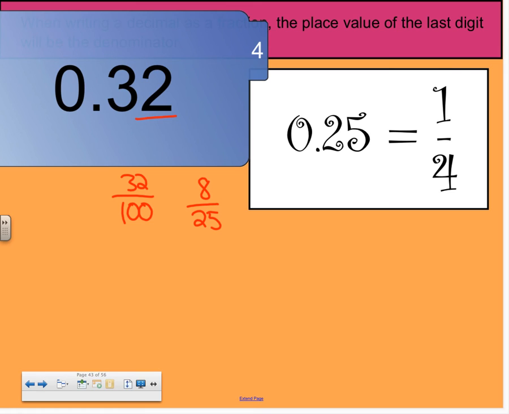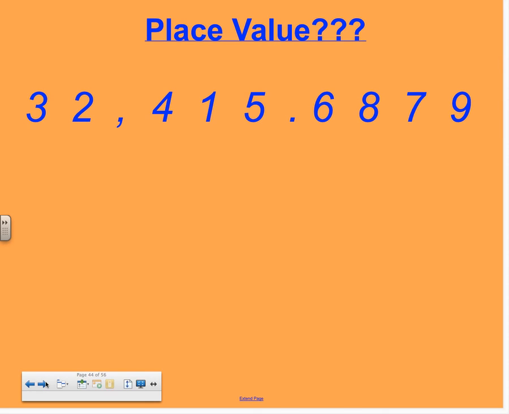Okay? All right. What's really good to understand also, before we move on, is the place values, right? So do you guys know what these place values are? Going this way, I start with what? Ones, right? Ones, and then tens. Are you sure? Okay.